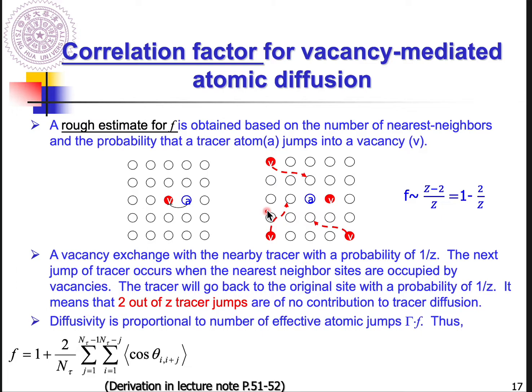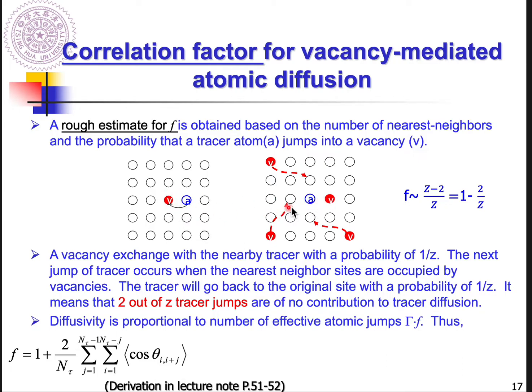Then we can get F. The concept will be that. So in this case, in the beginning, the atom is here, and the vacancy will be here. So the next jump will be the atom exchanging location or site with the vacancy. So we become here.